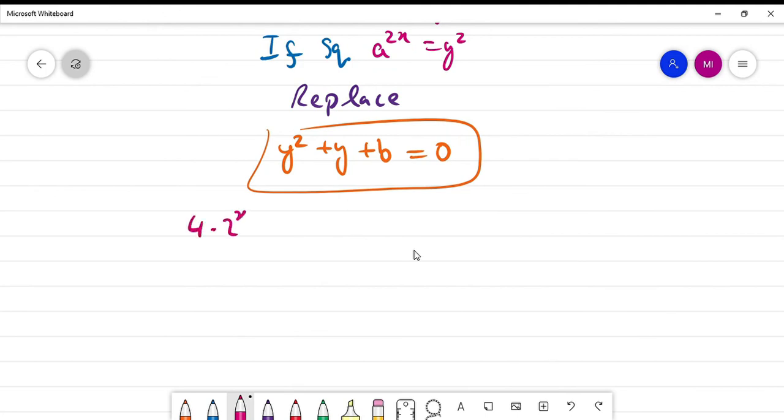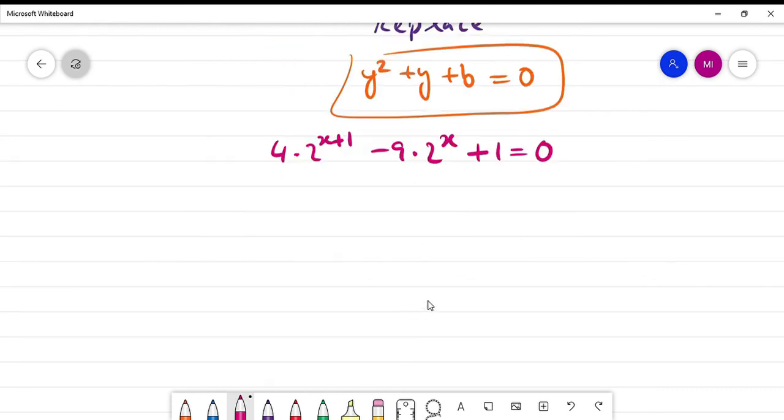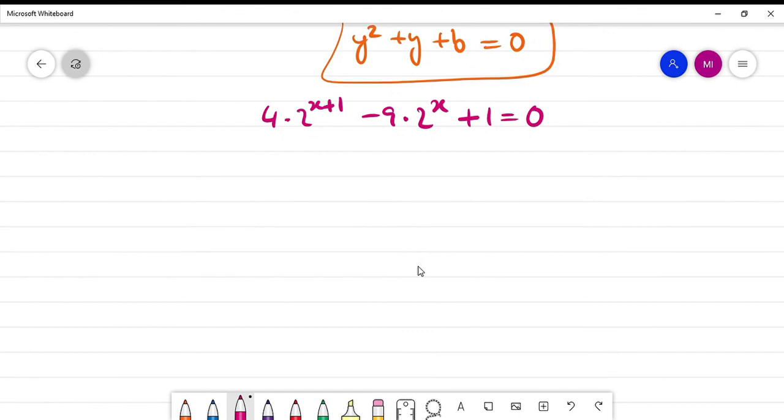4 into 2x plus 1 minus 9 into 2x plus 1 is equal to 0. Let's rearrange a bit. 4 into 2 to the power 2x into 2 to the power 1 minus 9 into 2 to the power x plus 1 is equal to 0.